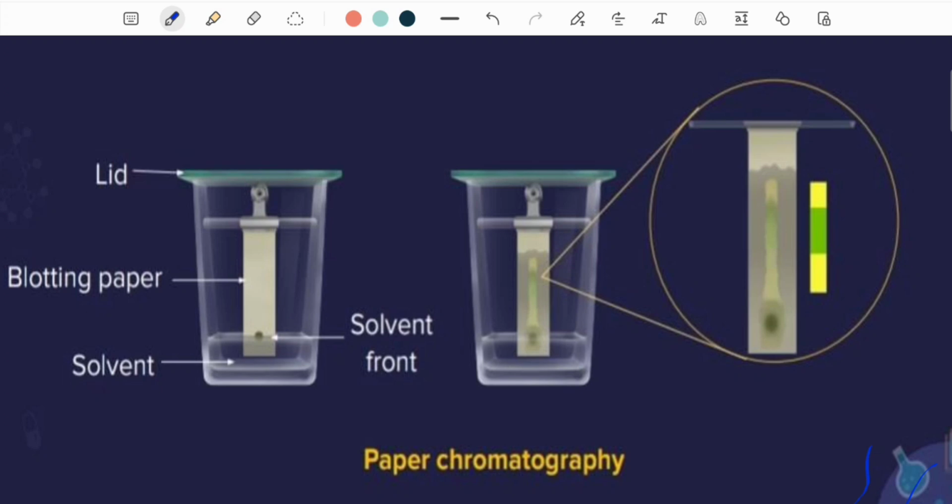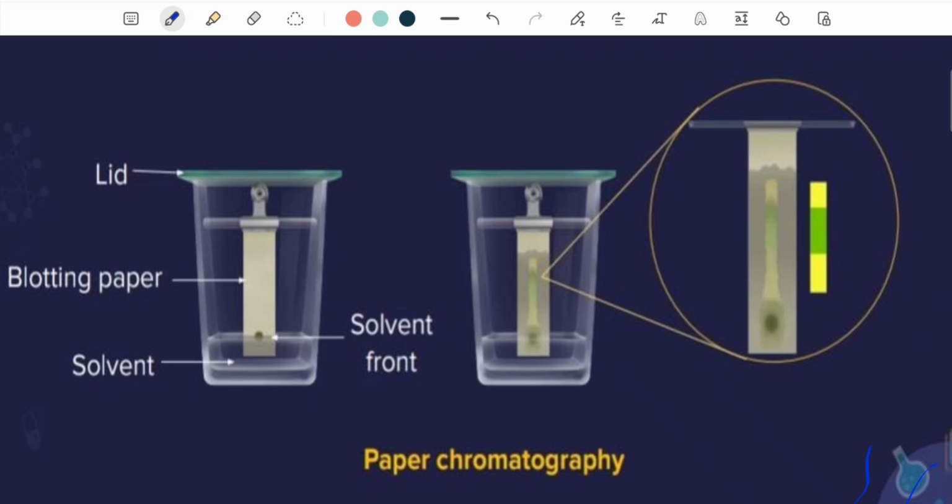The substances appear at different heights. The paper strip so developed is known as the chromatogram. This is about paper chromatography.